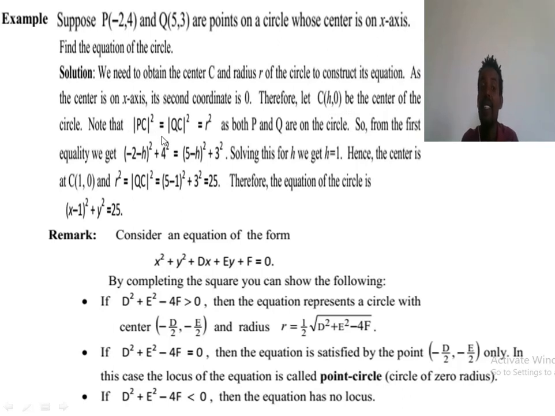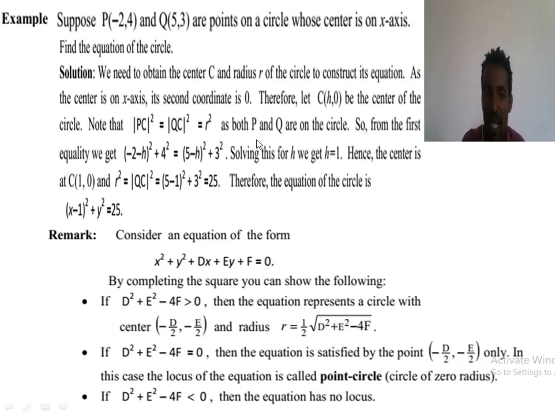Then the distance from the center to the point P and the distance from the center to the point Q are equal, which is r square. So the distance PC whole square is equal to QC square, which is r square, since P and Q are both on the circle.